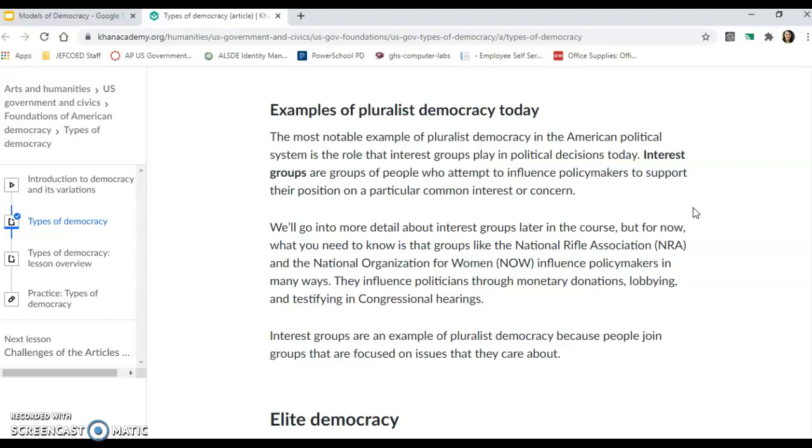And so those interest groups are constantly competing to see who can influence Congress or the president, or even at the state level can influence our state legislatures or the governor to make change in whatever area it is that they focus on.